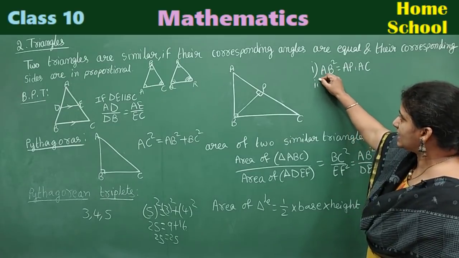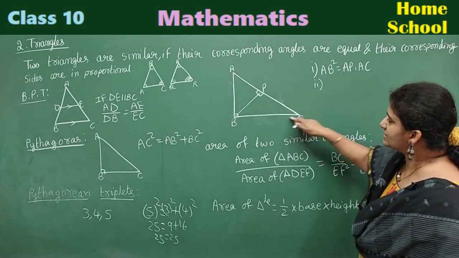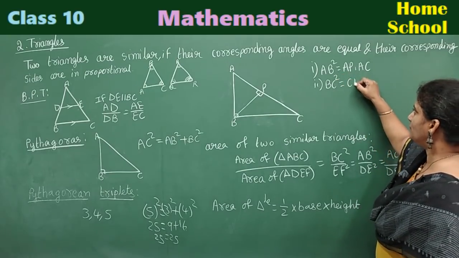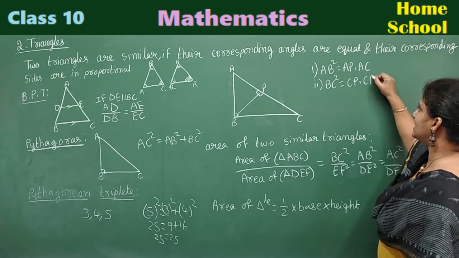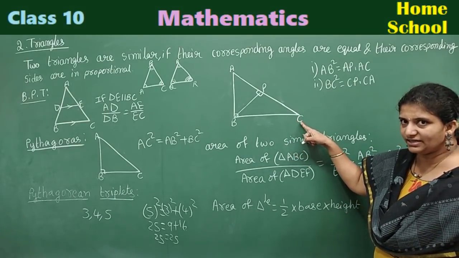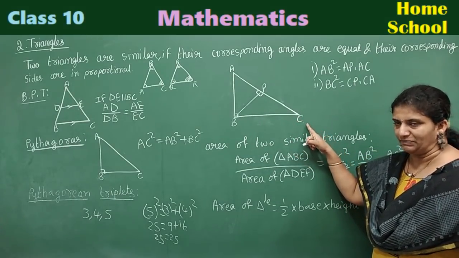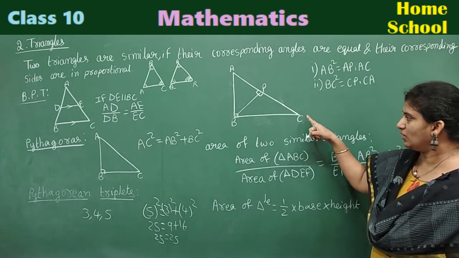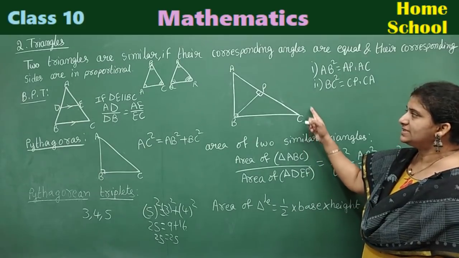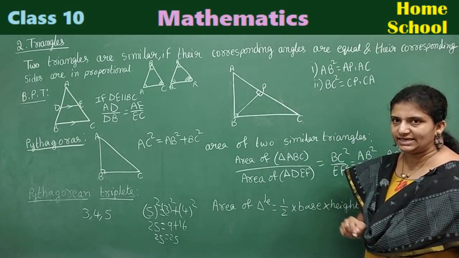And coming to your second one, I take this side. BC square is equal to CP into CA. This side, which letter is touching the hypotenuse? C. BC square is equal to, from here, small part and full hypotenuse, CP into CA.